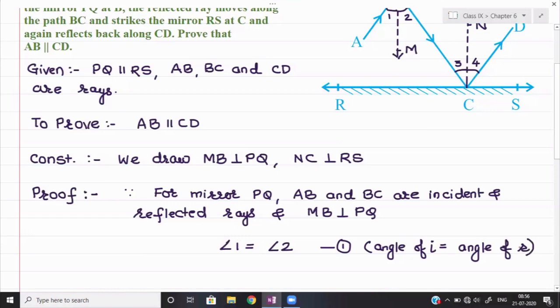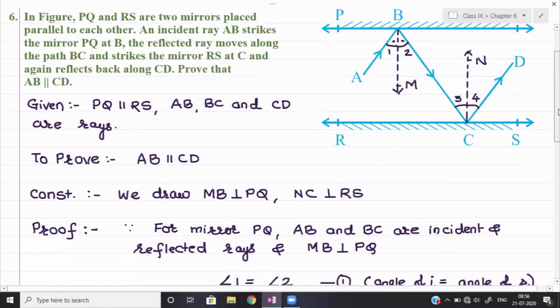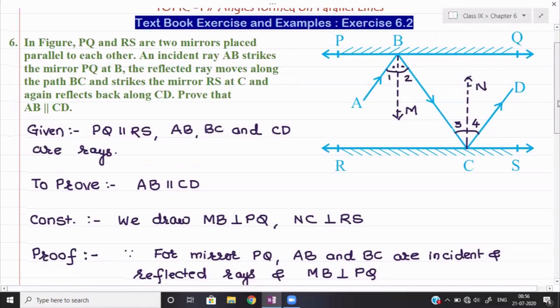So angle of incidence is equal to angle of reflection. Now similarly, the same relation we can make for angle 3 and angle 4. Look at the figure here. The same relation we can make for angle 3 and angle 4 also.